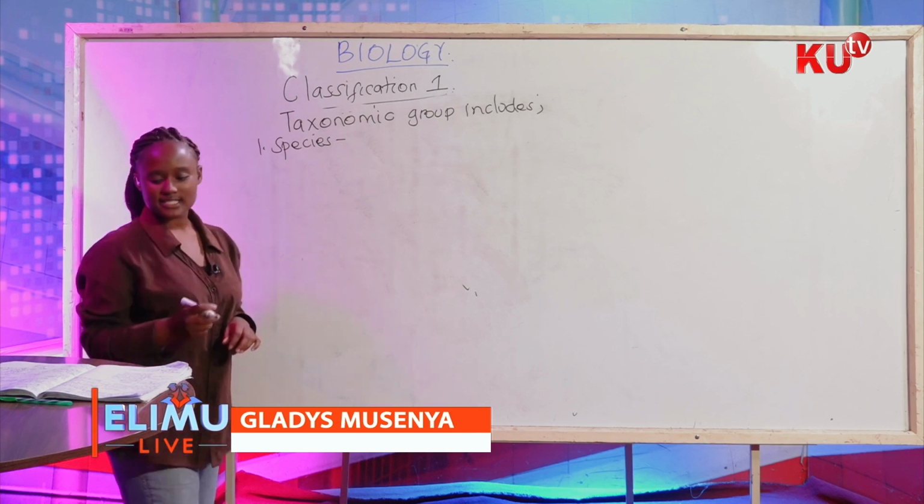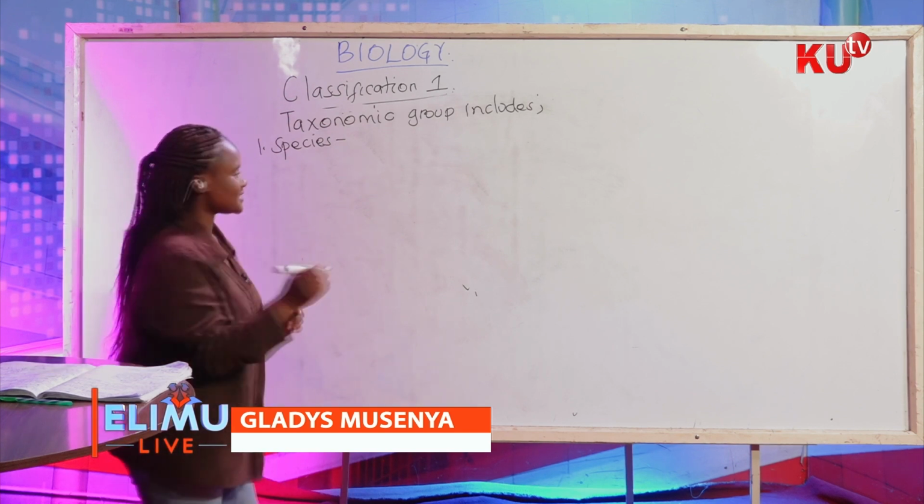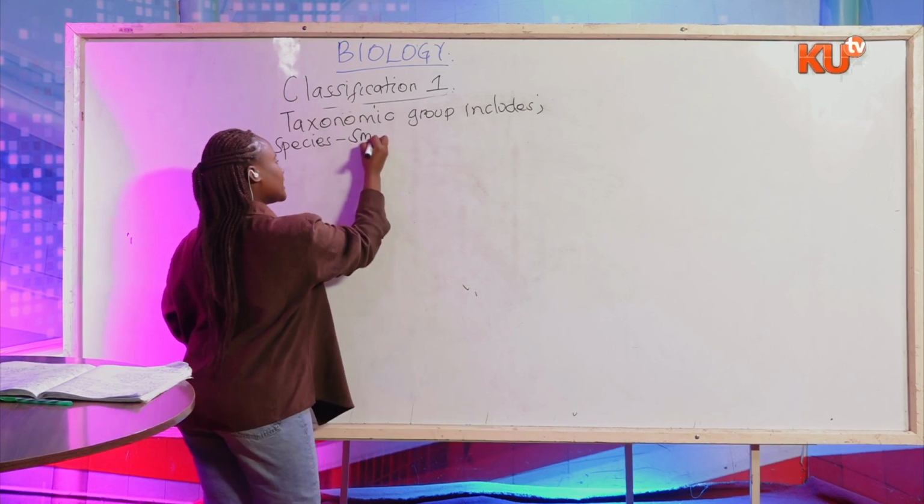Species. This is the smallest unit of classification.